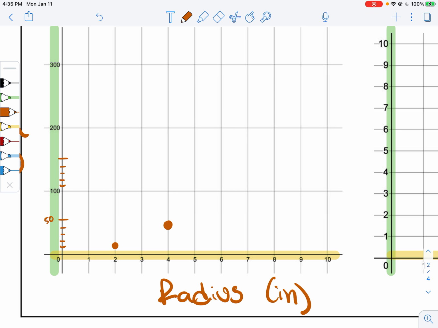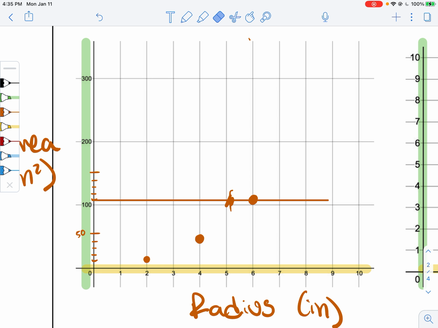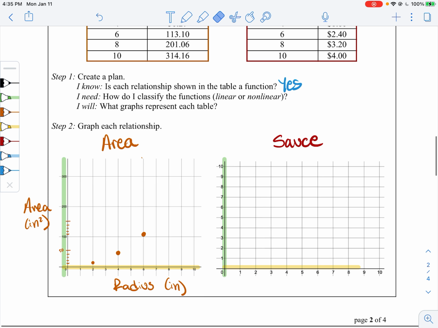So 113 is right here-ish. So it'll be right there. Cool. And then we go over 8 up to 200. And then over 10 up 314, which is going to be about there.